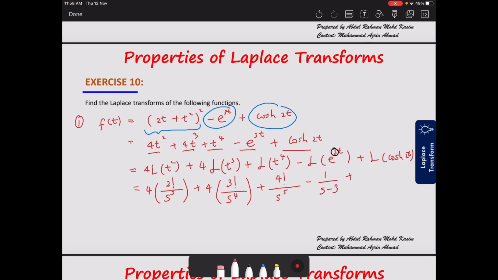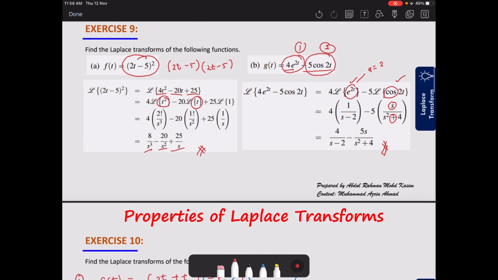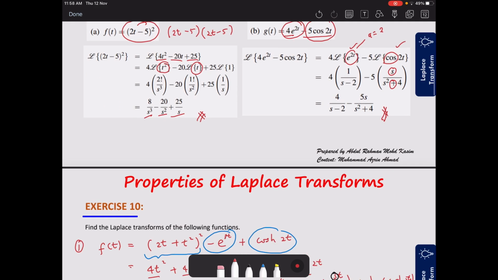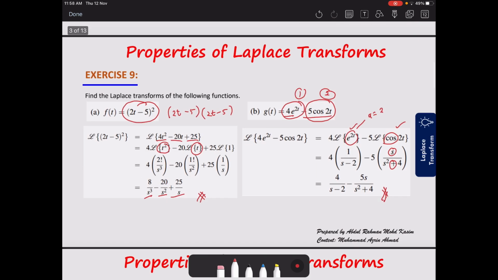Then you want to find the Laplace of the cos hyperbolic. Look at the table for cos hyperbolic. You need to find your a. Your a now is 2.